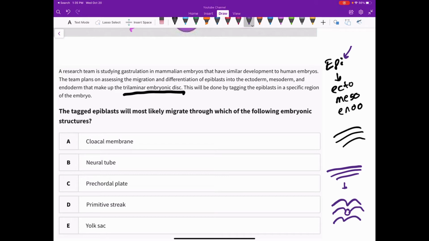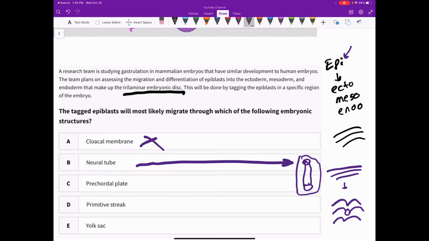That fold, then it processes down into what? Well, it formed the neural tube. The neural tube had the ectoderm around it and the mesoderm around it, right? Let's see. The cloacal membrane. I don't really know where this goes, so maybe. The neural tube, well, definitely that's an option.